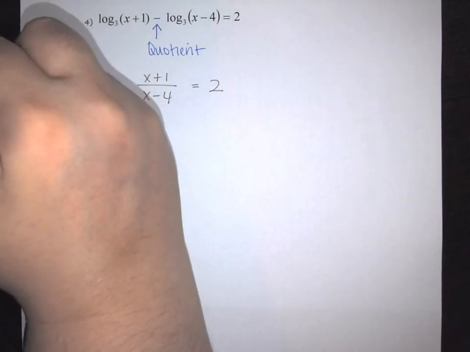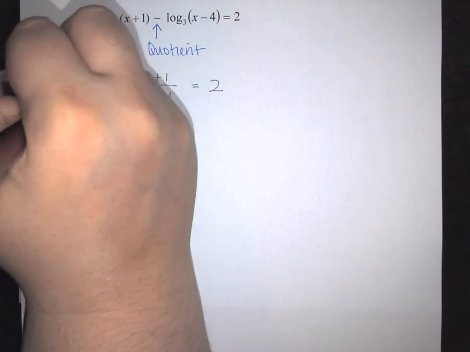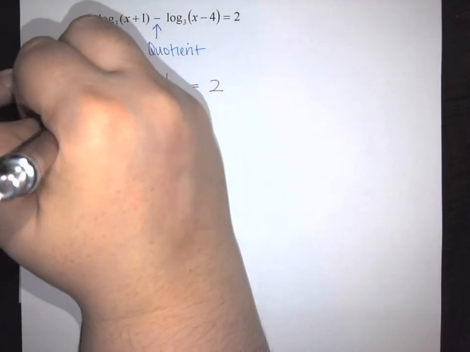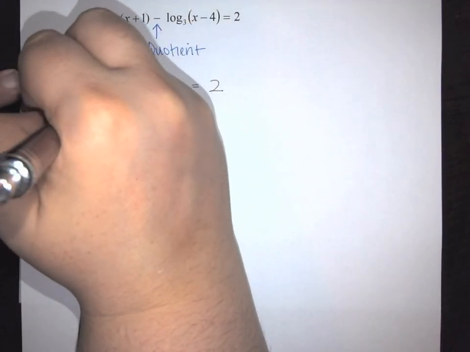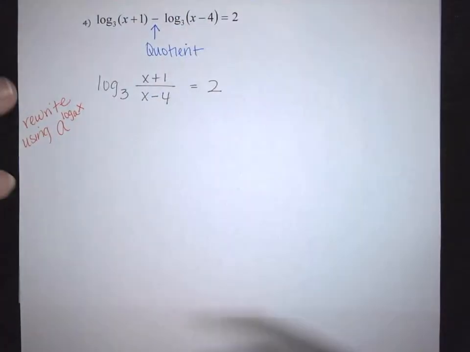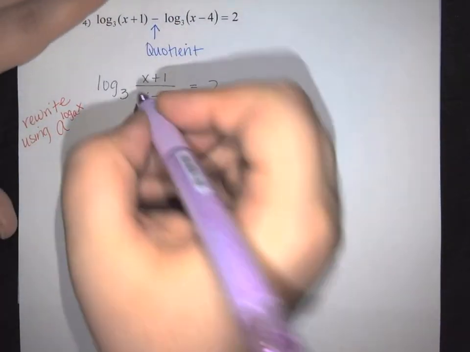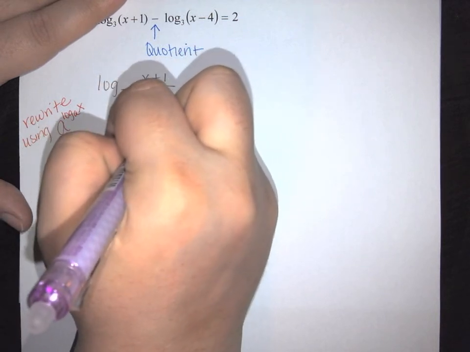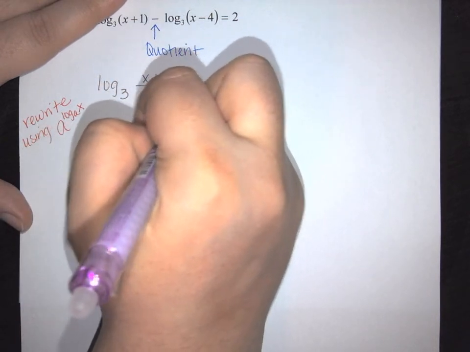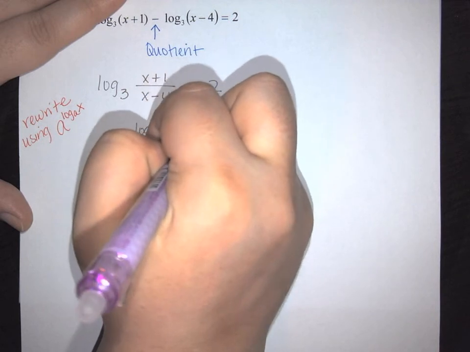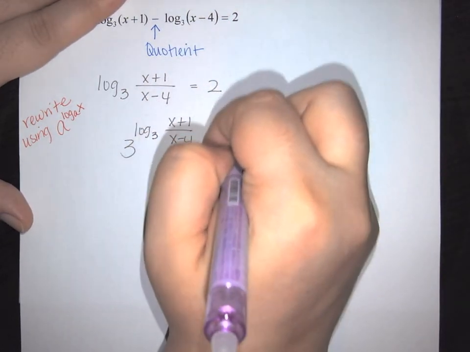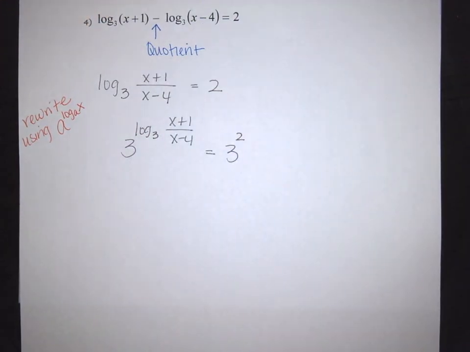So I am going to rewrite using the a to the log base a of x rule. So here this is going to become 3 to the log base 3 of (x plus 1) over (x minus 4), and that whole thing is going to equal 3 raised to the second power.